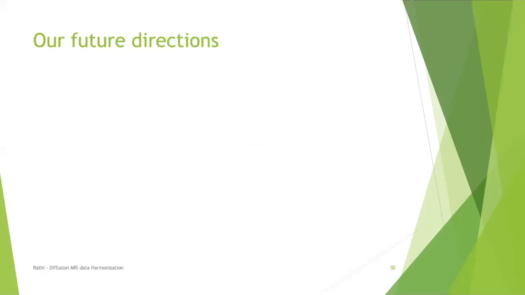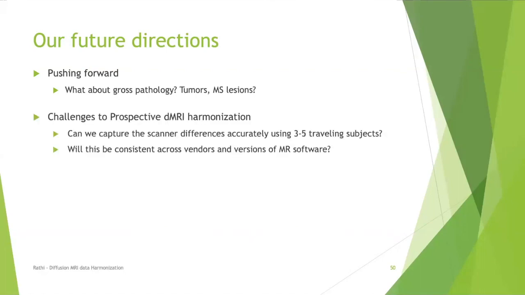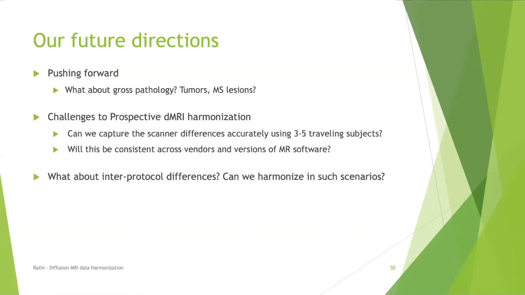And pretty much getting to the last few slides here. Next few set of directions for us. What about gross pathology? What happens there? Still something to be figured out. In prospective harmonization, the question is, how can we capture scanner differences with as few traveling subjects as possible? And will this be consistent across vendors and versions of MR software? What about inter-protocol differences?